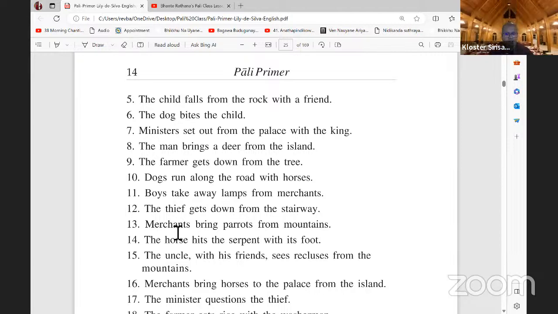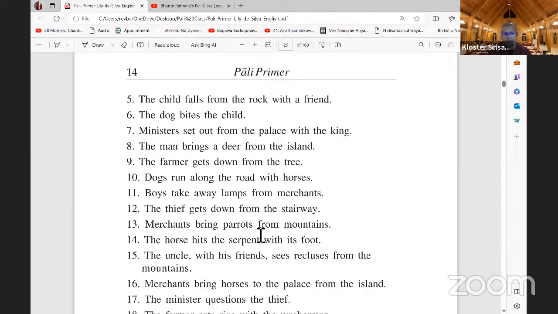Can you repeat it again? Vanija pabbatehi sue aharanti, right? I have a different one, but okay. That's right. Can you repeat it, please? Vanija pabbatehi sue aharanti.